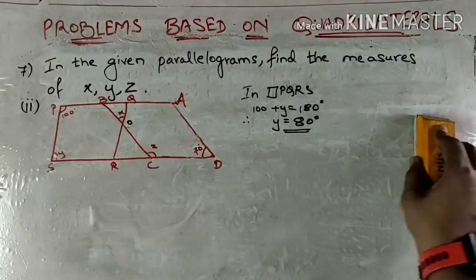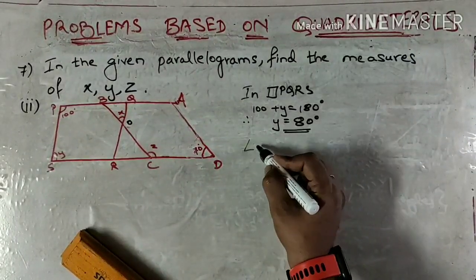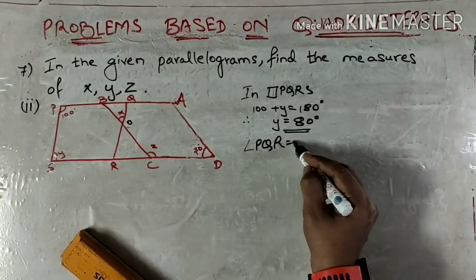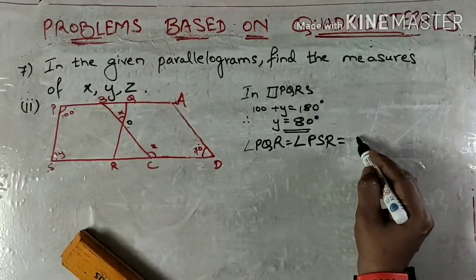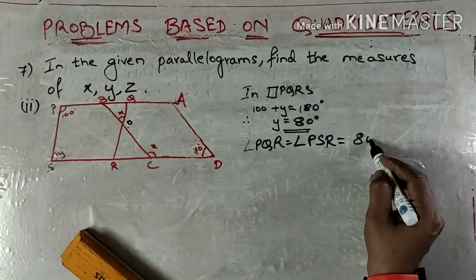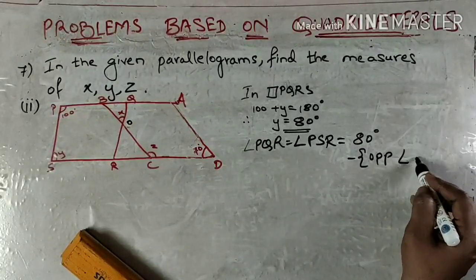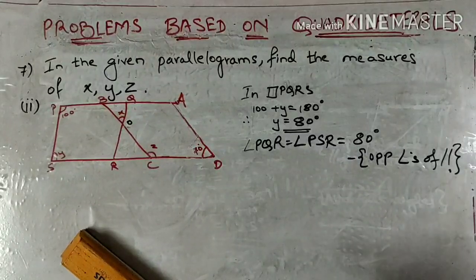So we can write angle PQR is equal to angle PSR is equal to 80 degrees. Reason: opposite angles of parallelogram.